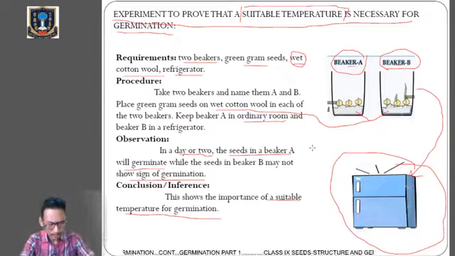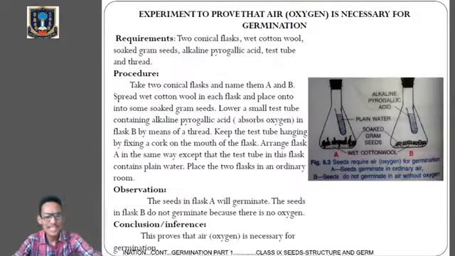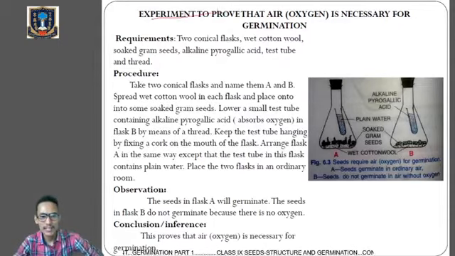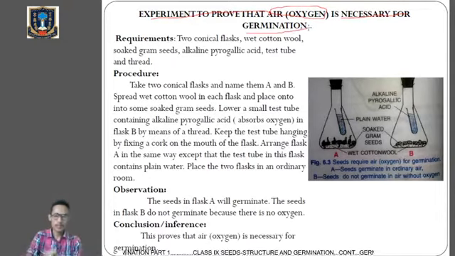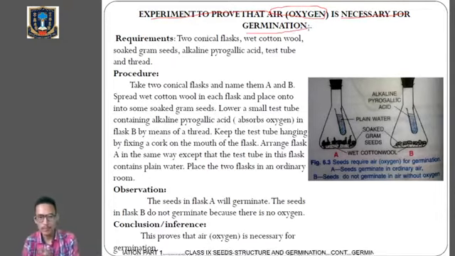Clear? Now next, we'll see the experiment to prove that air or oxygen is essential for germination. So let's try to prove that air or oxygen is essential for germination. What can be done? Let's see now, this is very important.